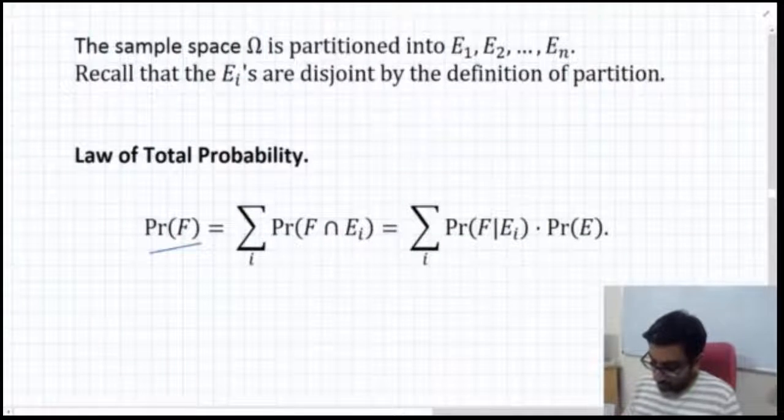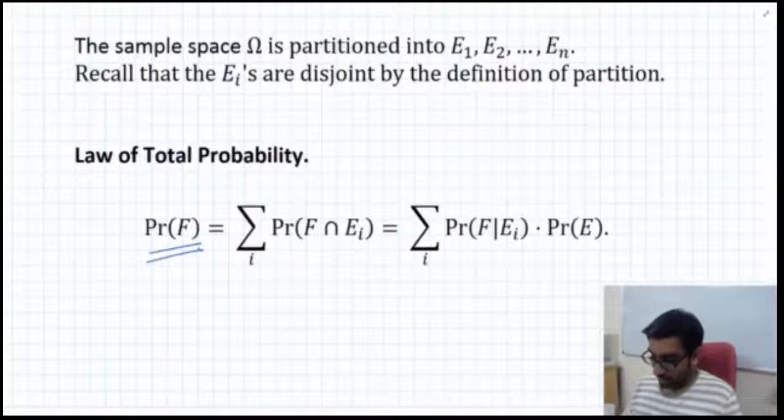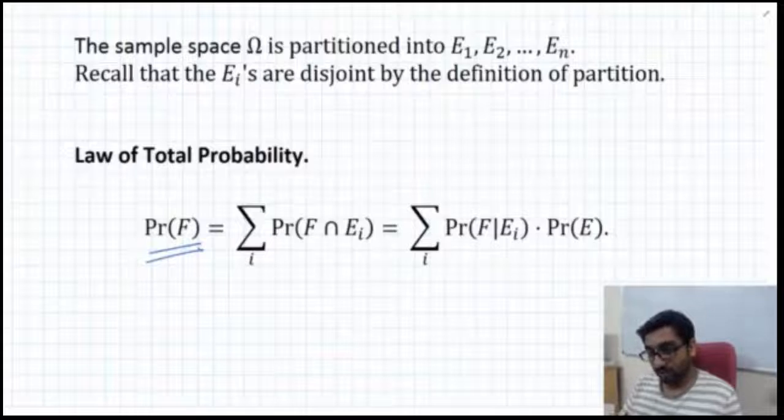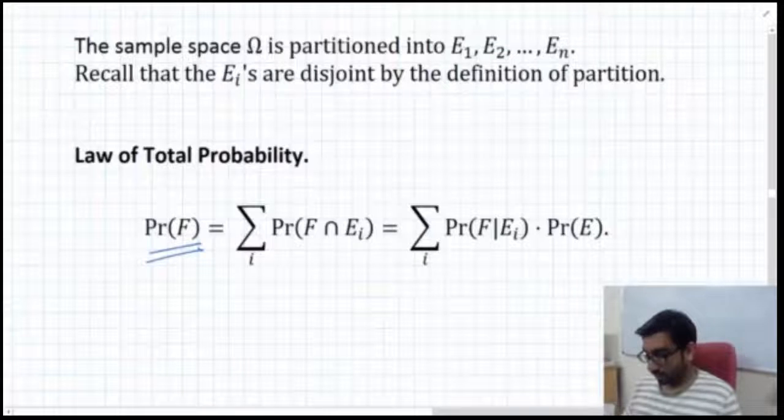So let's see how this plays out. As I mentioned, we're interested in the probability of event F. And this probability, going back to the very definition of probability function, should be the summation of the probabilities of F intersected with each of the Ei's. Why?